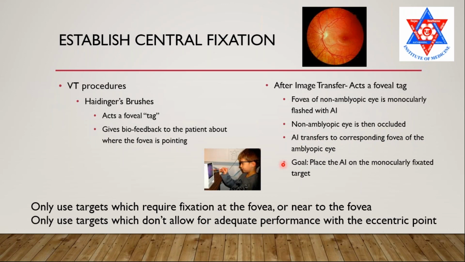The final goal in these activities is to place the after image on the monocularly fixated targets. These are the two basic procedures that we can perform to establish a central fixation if the child has an eccentric fixation.